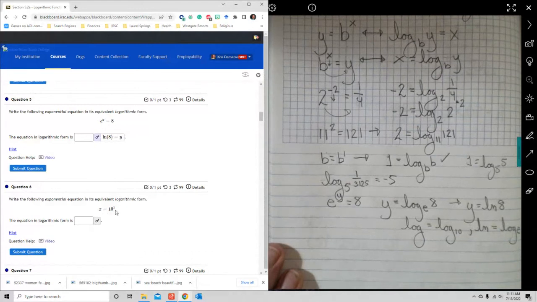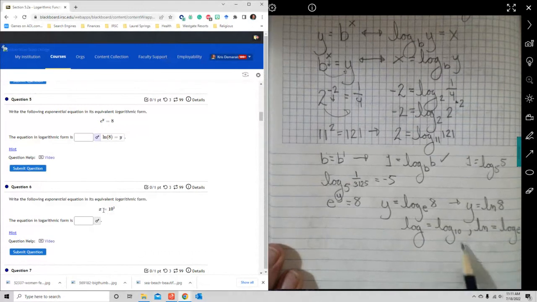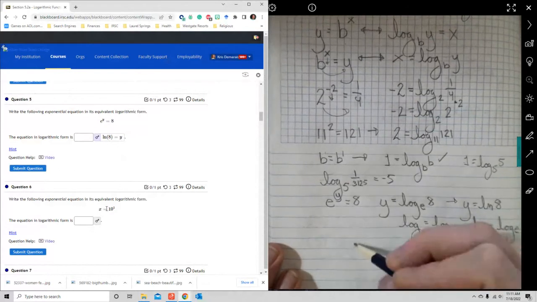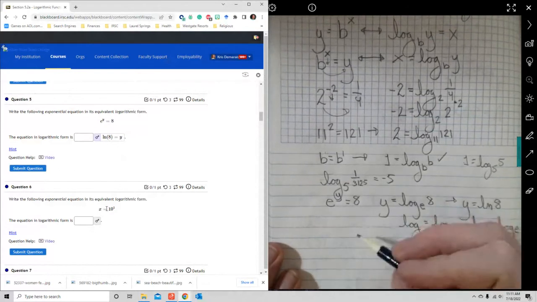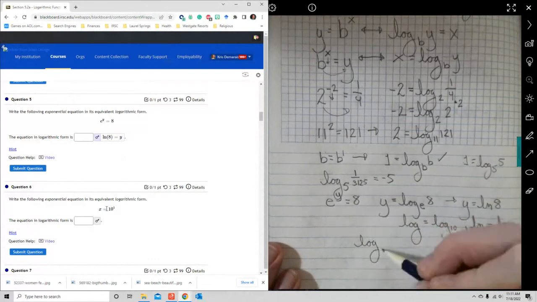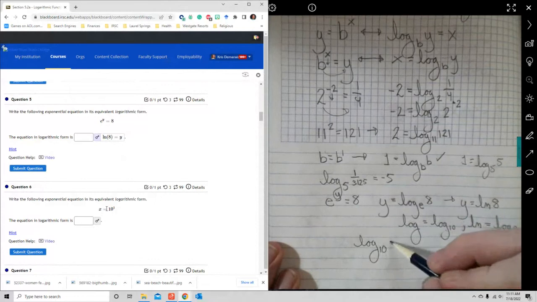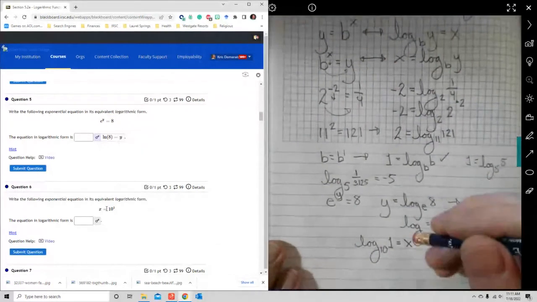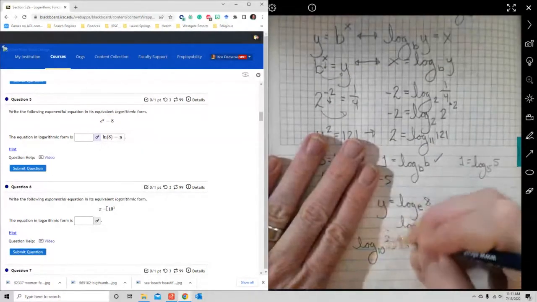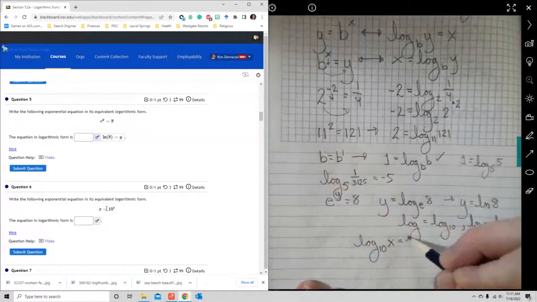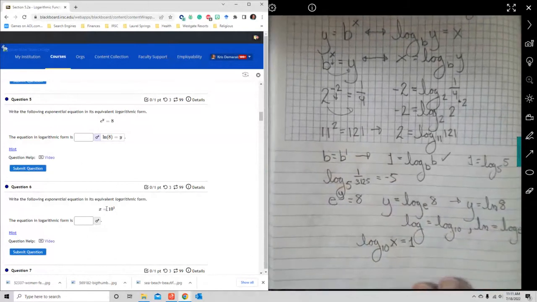Now they're getting you into these properties, by the way, because look at the one I just put down here. What they're trying to drive home is the value of log base 10 of 1 equals x. I apologize, I just rewrote it wrong.